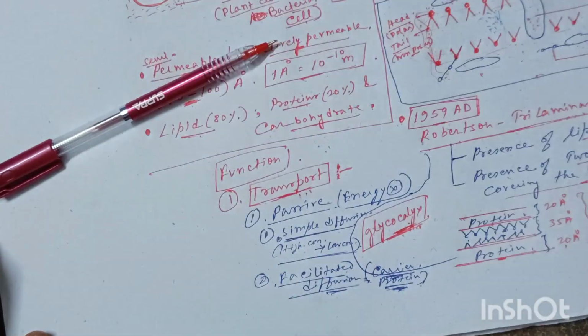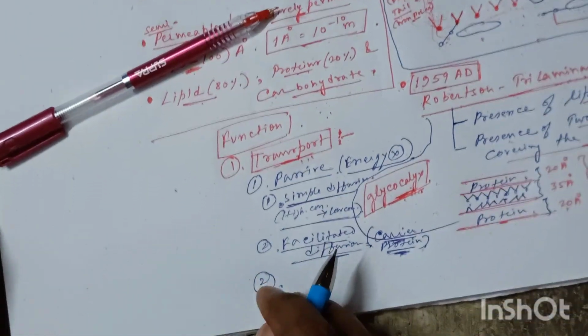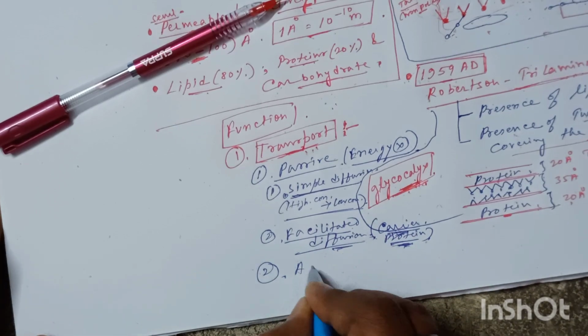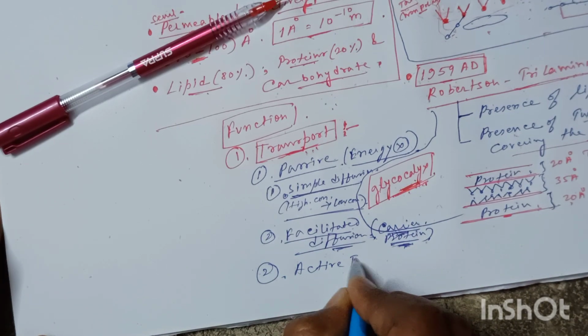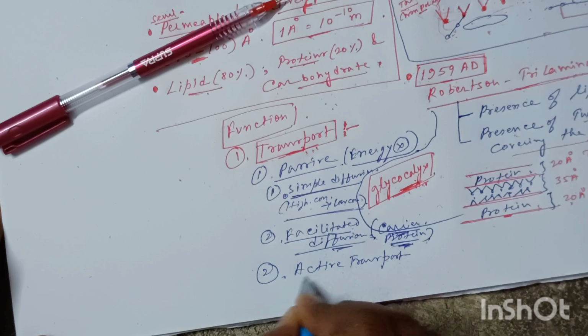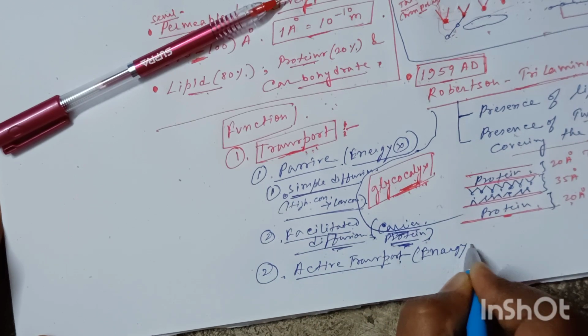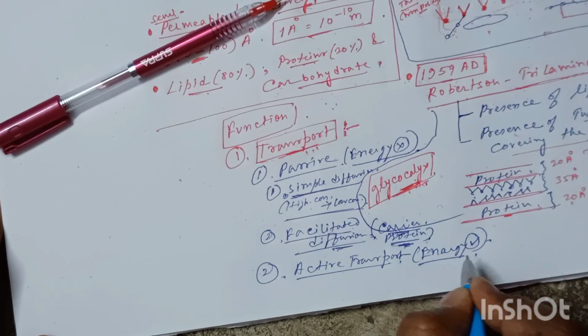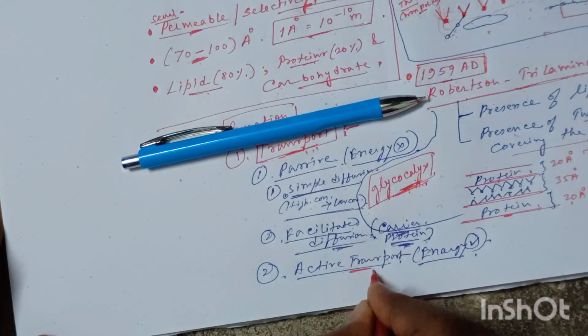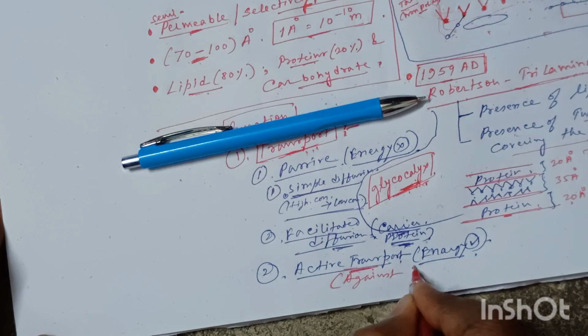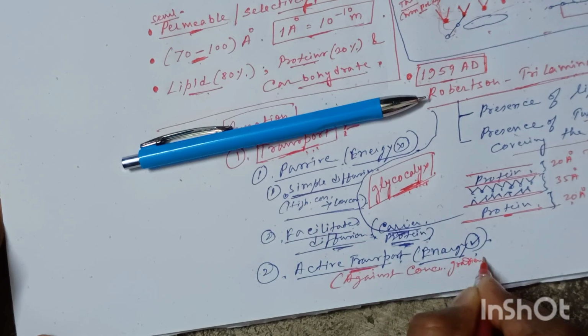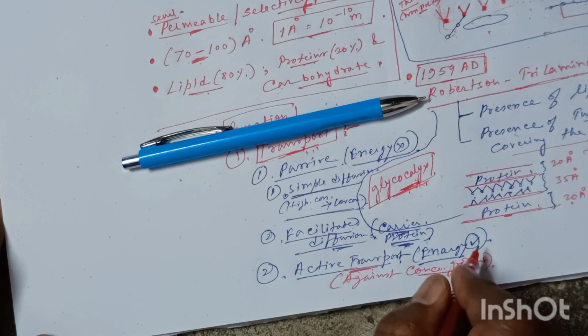And the second mode is active transport. In active transport, energy is required. Here the active transport mainly occurs against the concentration gradient, meaning from low concentration to high concentration.